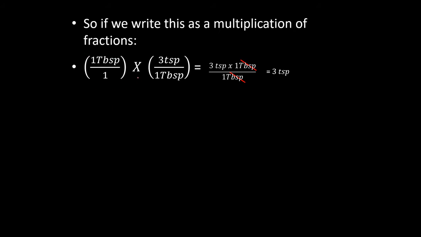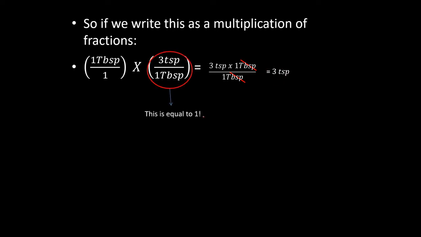Take that starting amount that we're trying to change, multiply it by this fraction or ratio, whatever you want to call it. What we get out the other side is 3 teaspoons times 1 tablespoon over 1 tablespoon. Because both of these have the 1 tablespoon there, if you remember your algebra, if you have the same thing on top and bottom of a fraction, they cancel each other out. So those tablespoons go away, leaving us with 3 teaspoons.